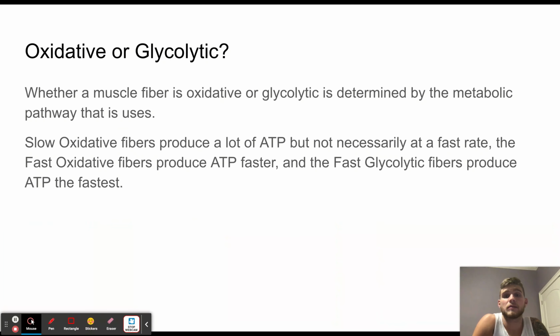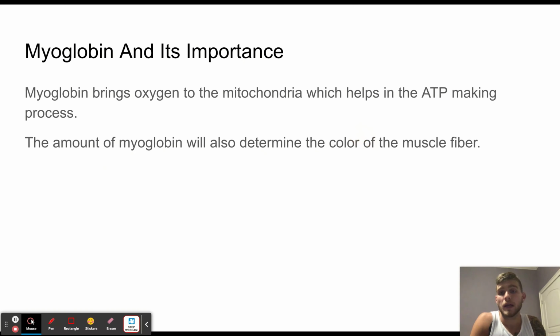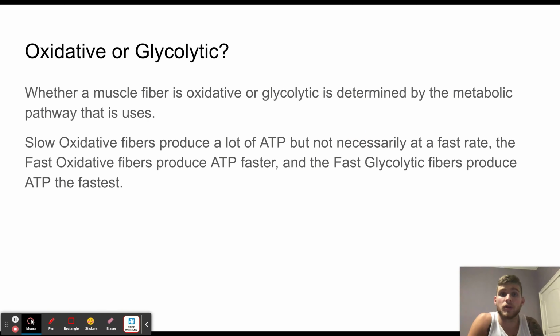All right, how to tell if something is oxidative or glycolytic. Two of the fiber types are oxidative and one is glycolytic, and this is determined by the metabolic pathway used. If it produces ATP by an aerobic method, then it's oxidative.